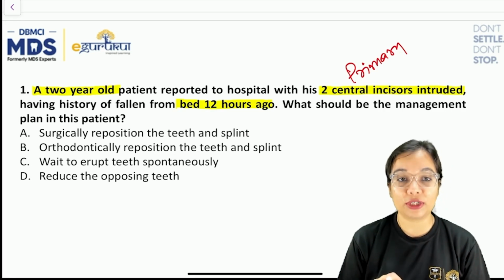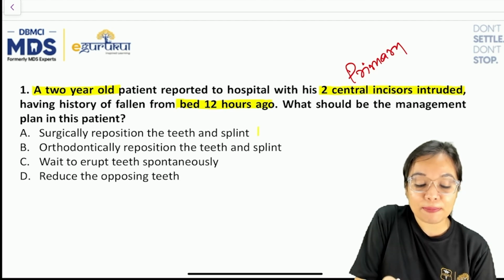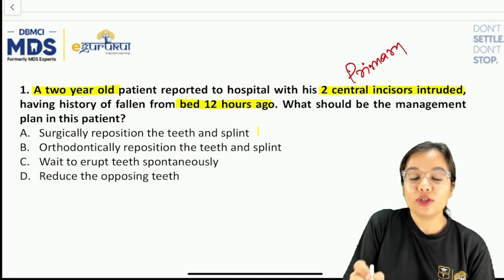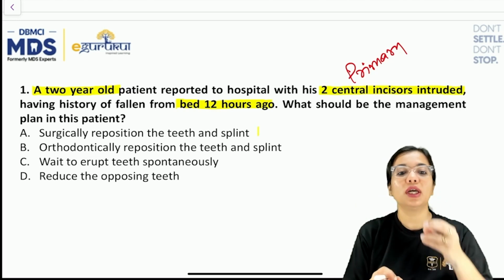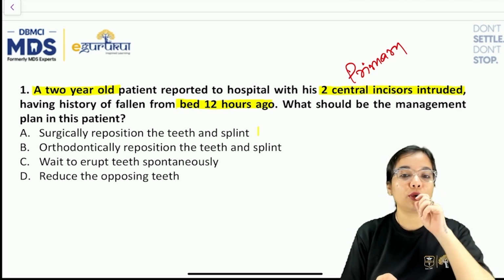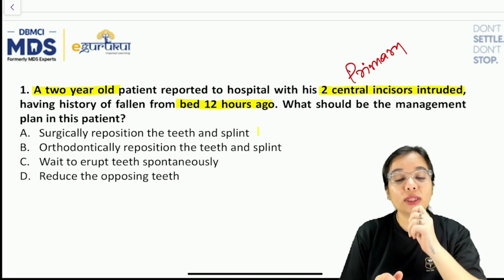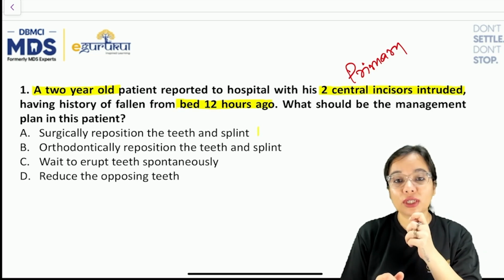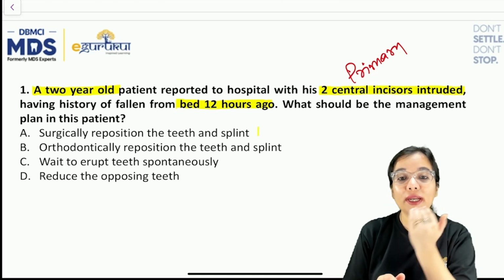Now we have options: surgical repositioning of the teeth and then splinting them. What you do is give LA to the patient, try to hold the teeth with the help of forceps, pull the teeth out, reposition them where they are supposed to be, and then splint them there.